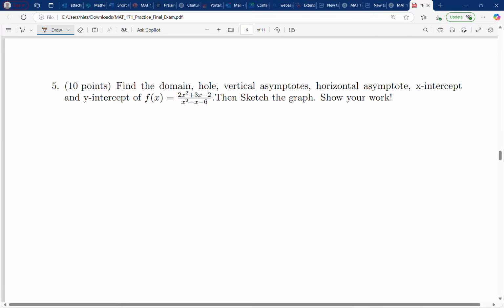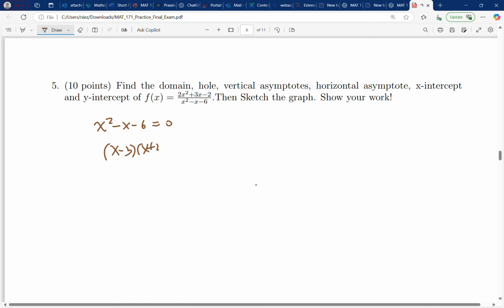Okay, number 5. Find the domain, hole, vertical asymptote, horizontal asymptote, x-intercept, y-intercept, and then sketch the graph. Show your work. This one, find the domain. You need to let the denominator equal to 0, then solve it.